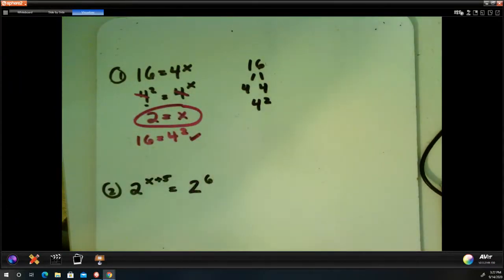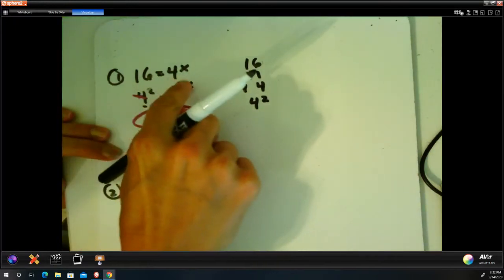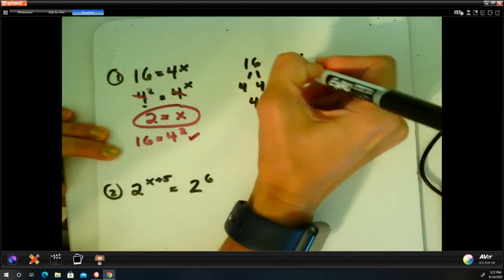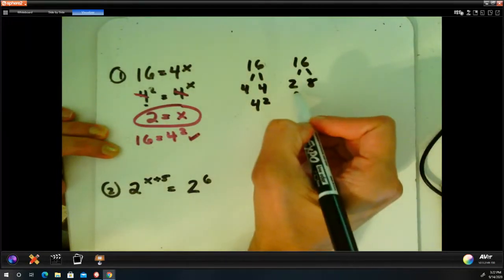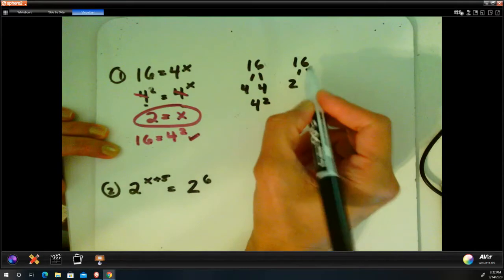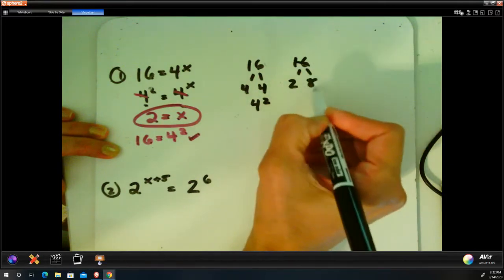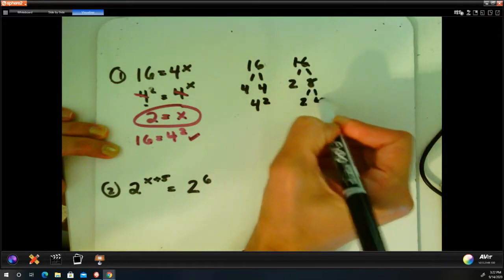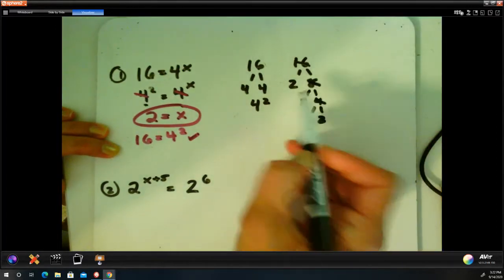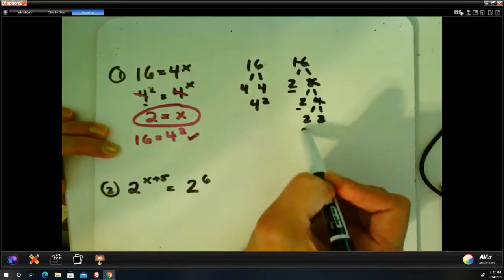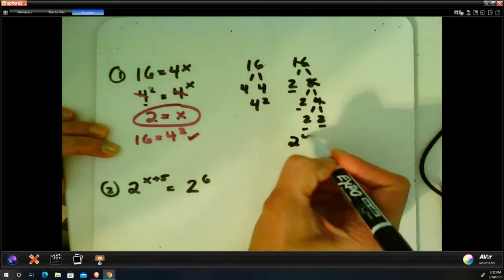Another way to solve this same problem, let's say you didn't realize that 16 could be written as a 4, you can always break it down even smaller than that. So let's just say I want to break it down to 2 times 8 is 16, 2 is prime, so now I'm just going to break down the 8, 2 times 4 is 8, 4 is 2 times 2, so 16 is 1, 2, 3, 4, 2 to the 4th.